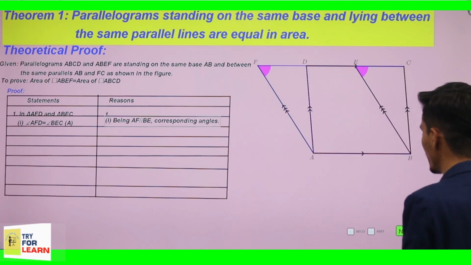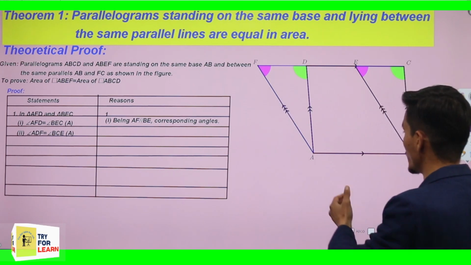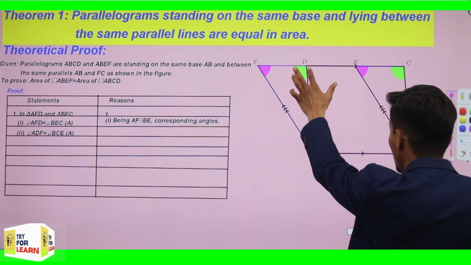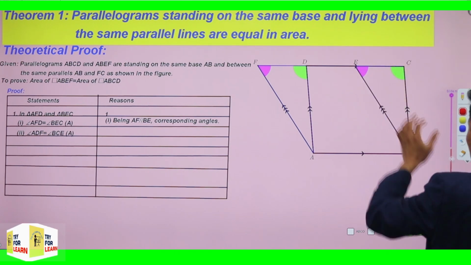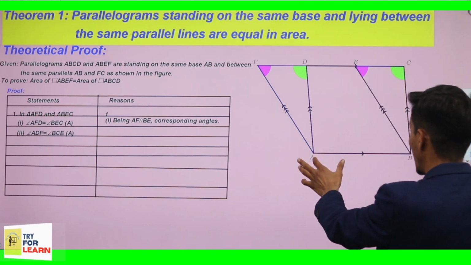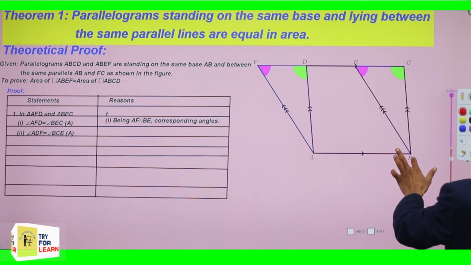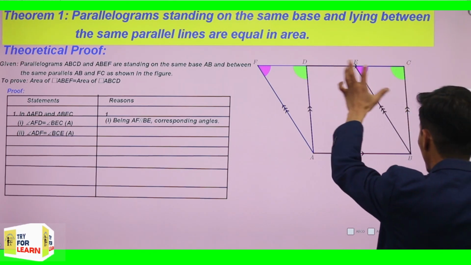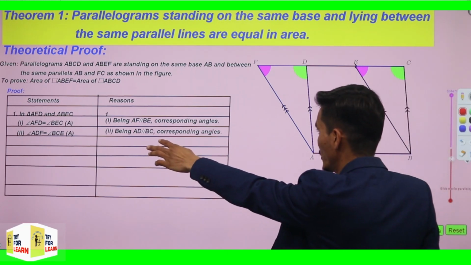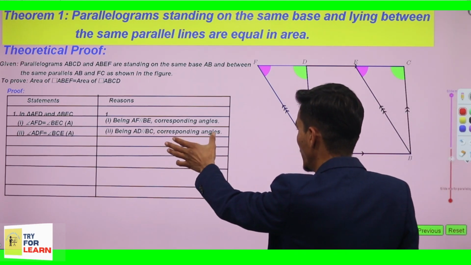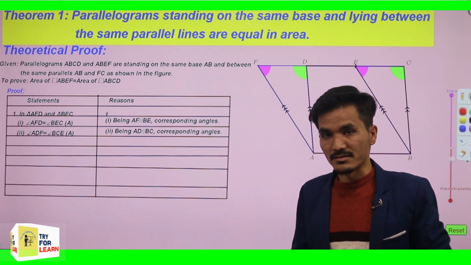Okay, another statement. Also, angle ADF is equal to angle BCE because AD is parallel to BC, so they are also corresponding angles. So the reason is AD parallel to BC, corresponding angles.